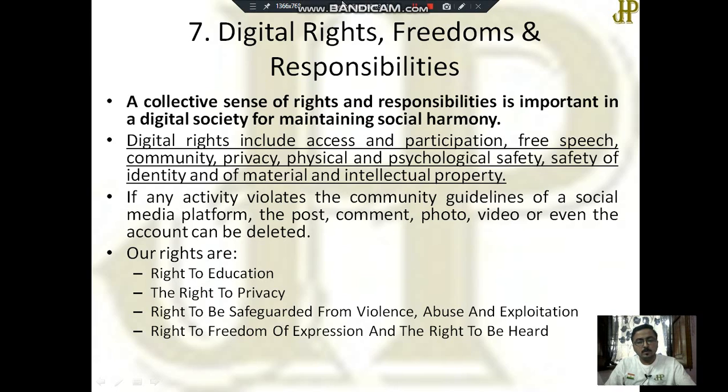As we know, we cannot totally cut down our online activities. But at the same time, we have to know about rights, we have to know about the freedoms of others, and we have to know about the responsibility in online surfing.